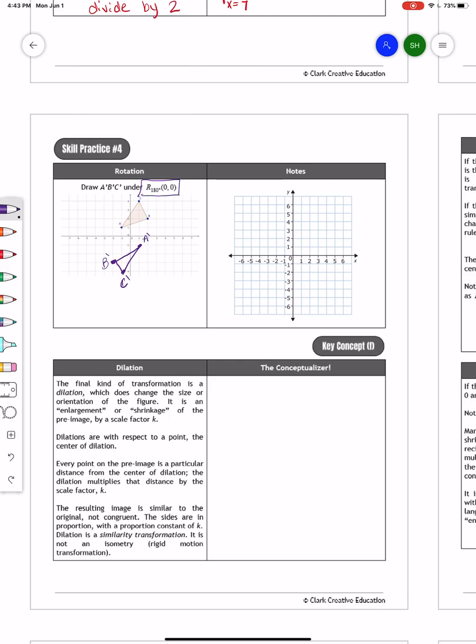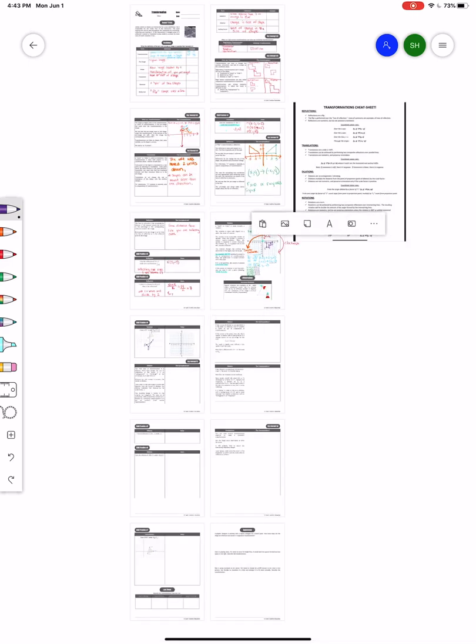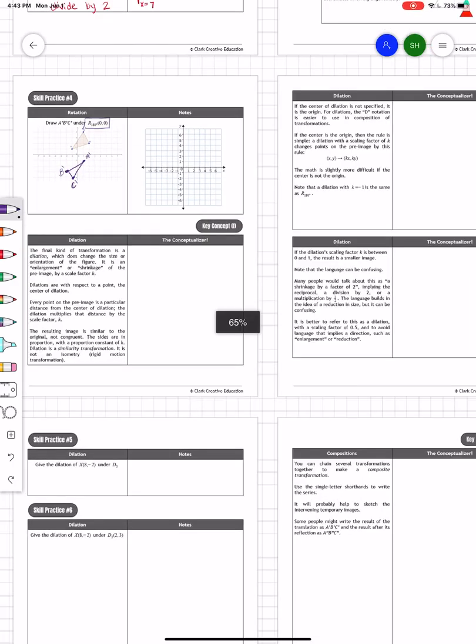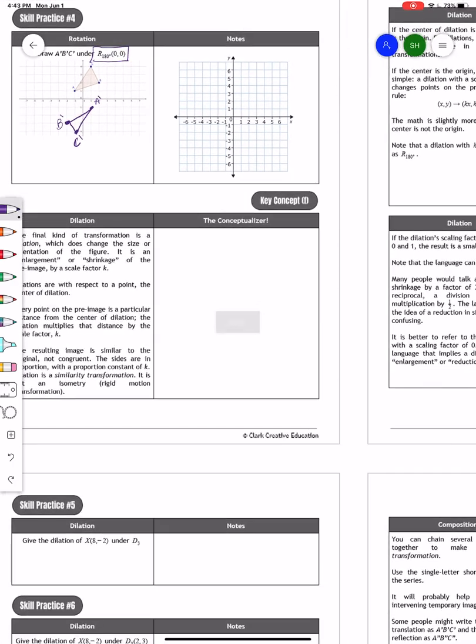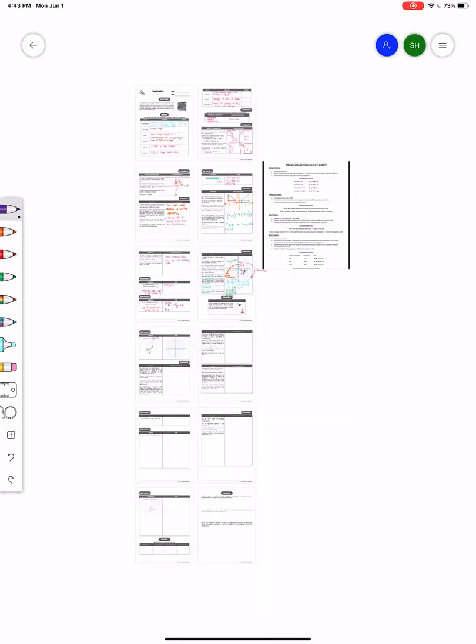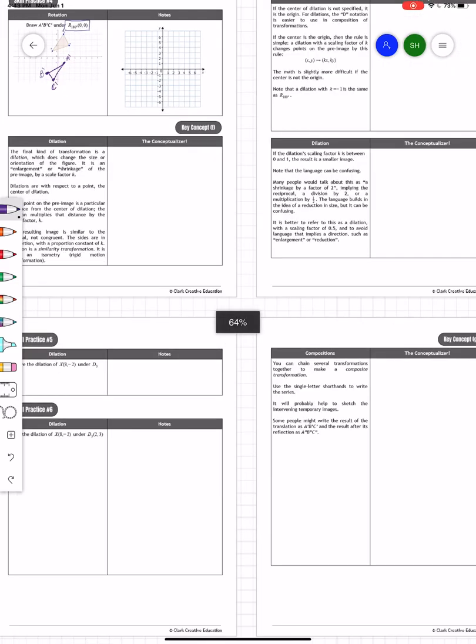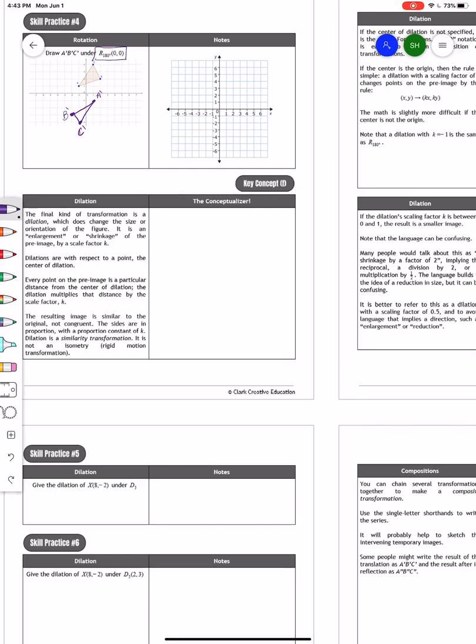So, finally, we have dilation. Dilation is when something is getting bigger or smaller. If I have a, technology is not my friend. So I have a box.